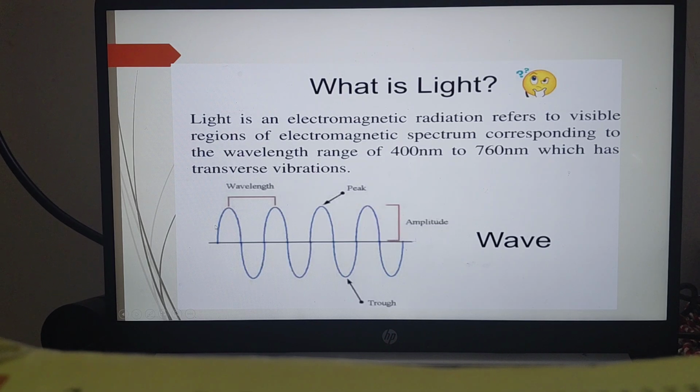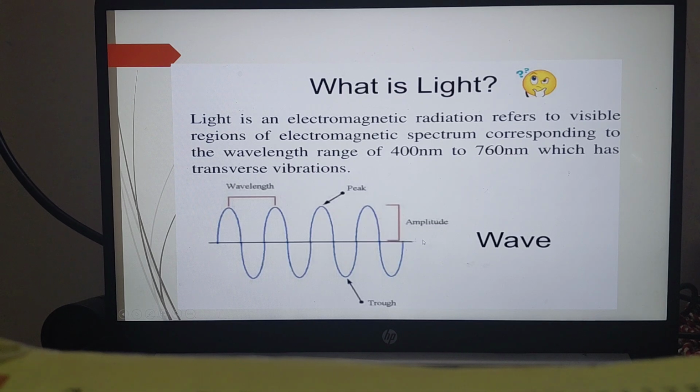The finite distance between two consecutive points, that is known as wavelength. Here it is the peak. What is peak? The highest intensity point, the highest point of the wave, that is known as the peak.